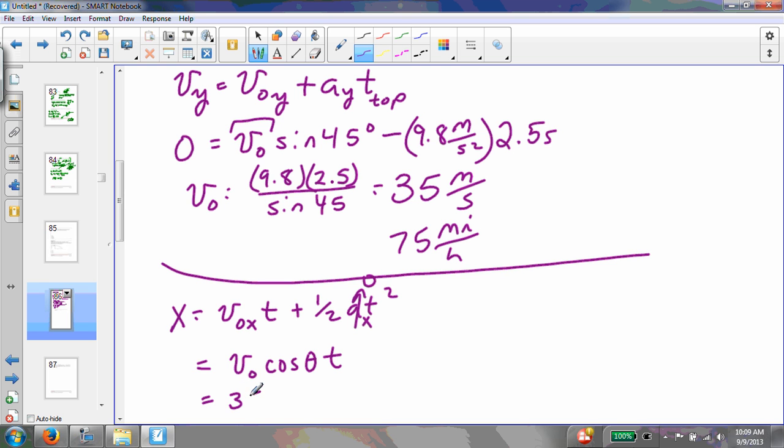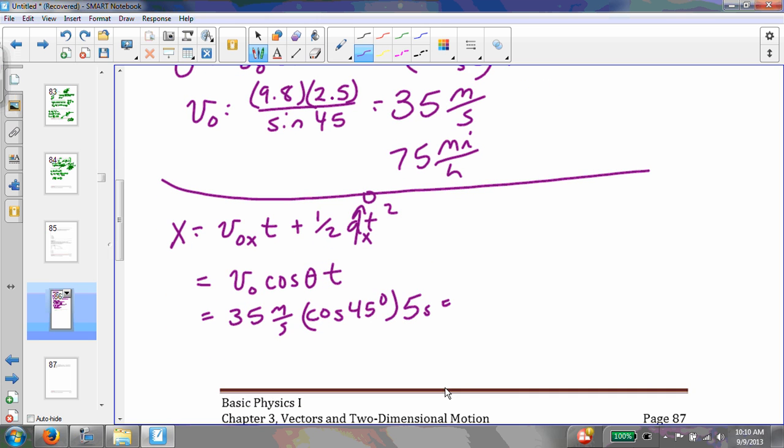So it's 35 meters per second times the cosine of 45 times t, which is 5 seconds. That's the total time, and that gives me 120 meters. It looks like a little bit more than that in the cartoon, but that's cartoon.